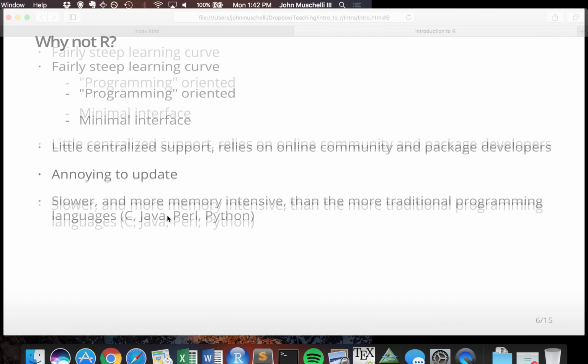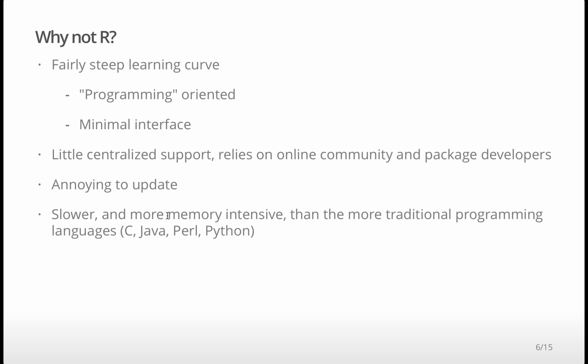So there's also little centralized support. With Stata, if something goes really wrong, dependent on your license, you can call them, or you can look at the help files. Or with SAS, you can write them and they'll write back. They have people to do that. Because R is a community, you can't really do that. And because it relies on this multitude of packages, package A and package B may not work well together.